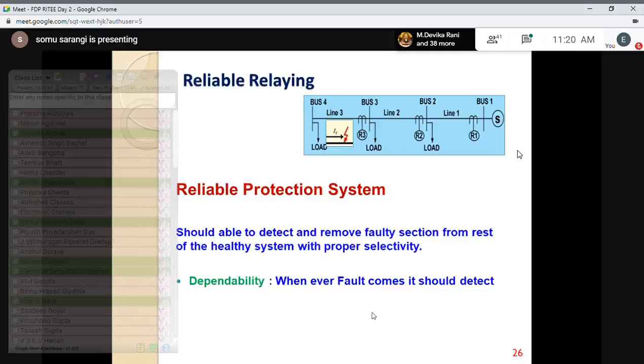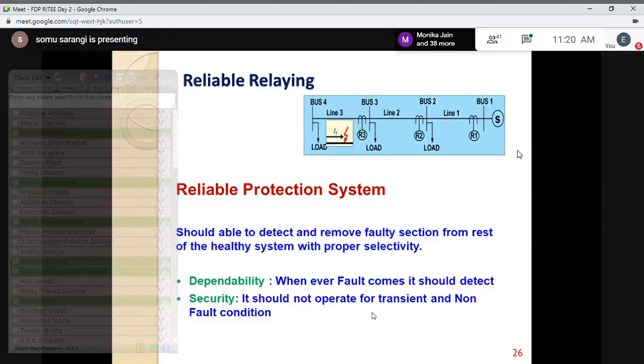Whenever a fault comes to the system, it should be detected. And if there is no fault, it should not operate. That is called security. This dependability and security property of the relay should be there. If it loses dependability or security, then a reliable protection system cannot be achieved.